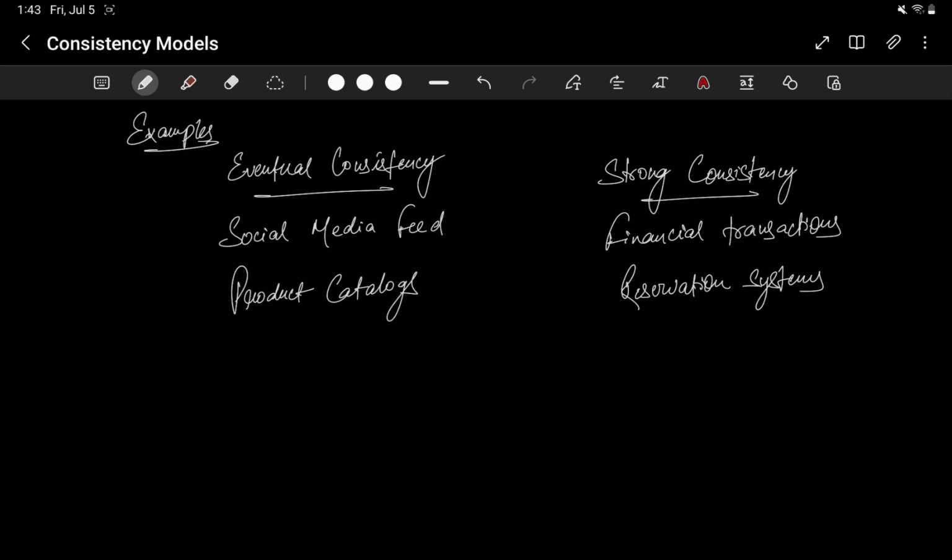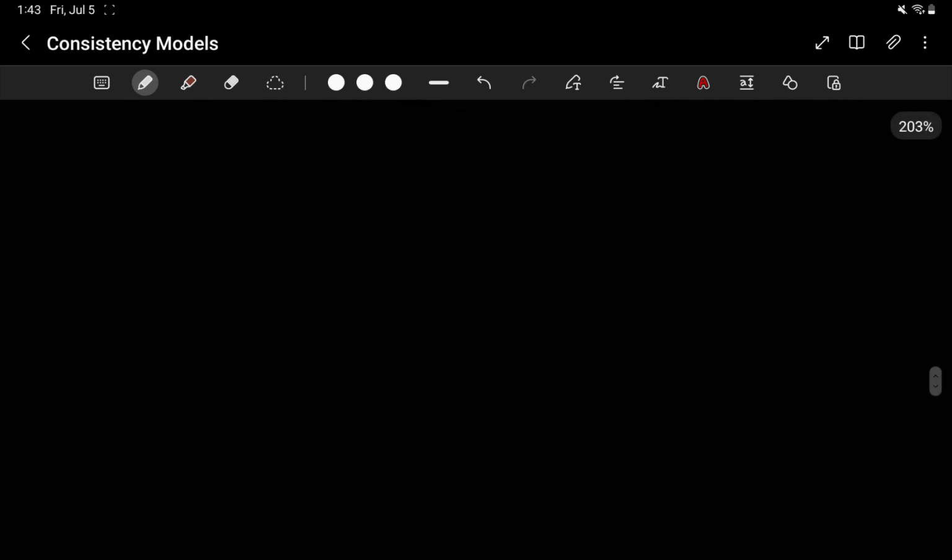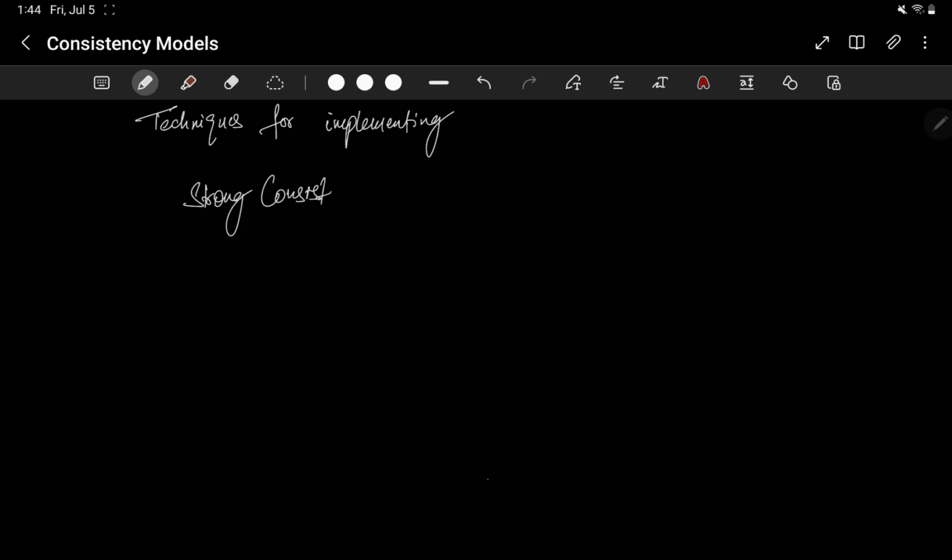Okay. There are some techniques for implementing consistencies. Let's just talk about them at a very high level. I'll make separate videos on that as well. So, techniques for implementing strong consistency: one is two-phase commit and another is quorum based system.